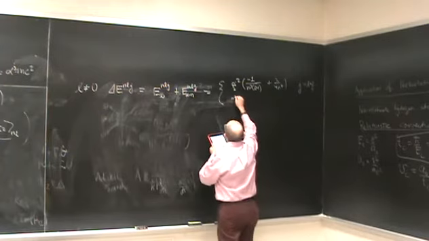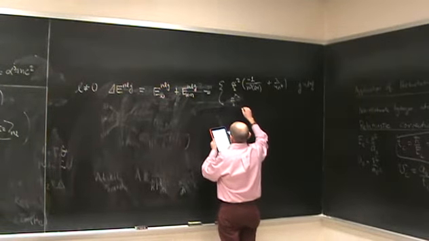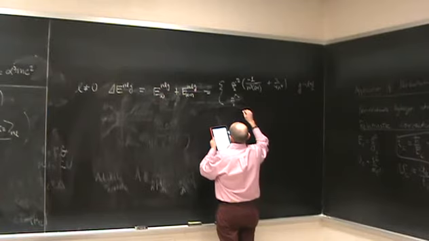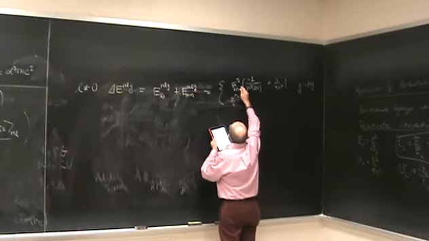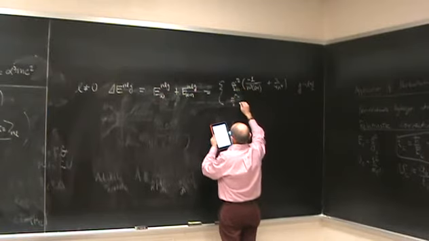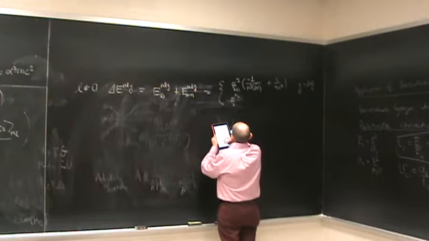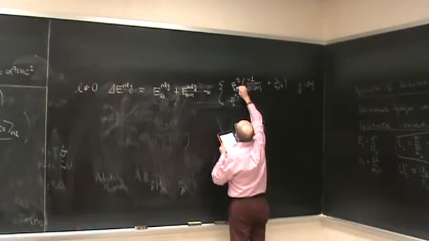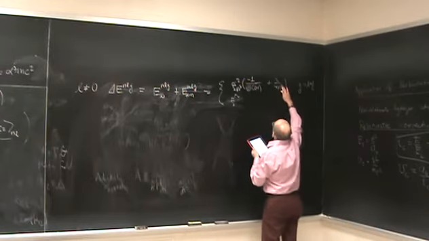And you get alpha squared over 2. Is this right? Yeah. Let's take the n cubed out. Make this like this.